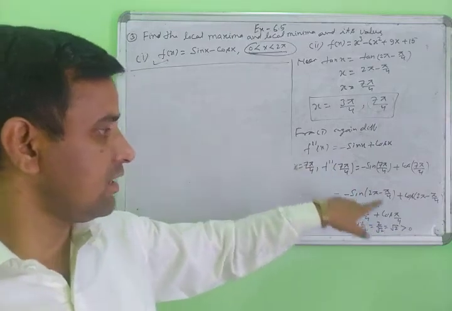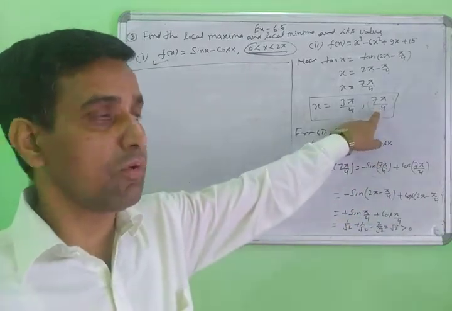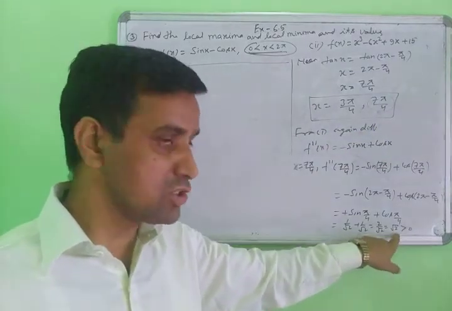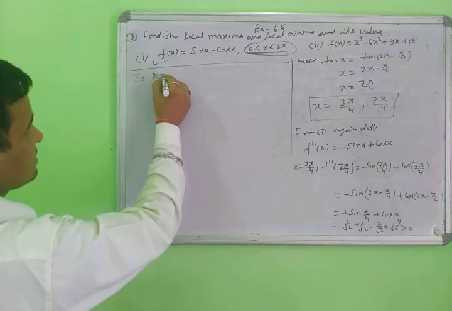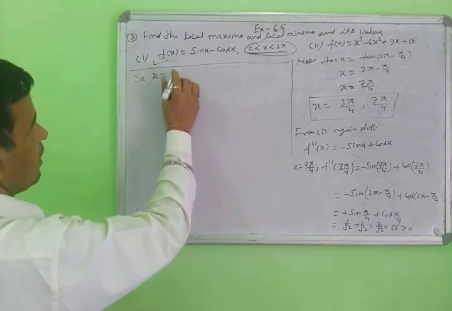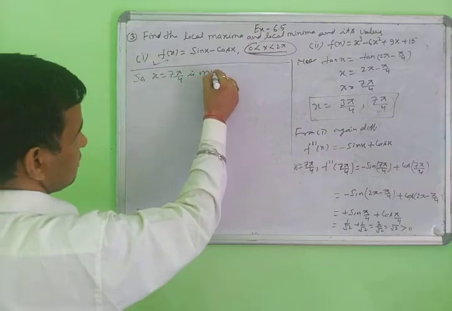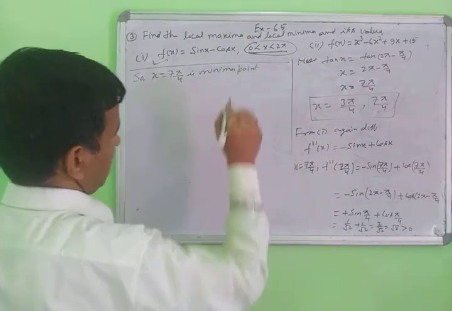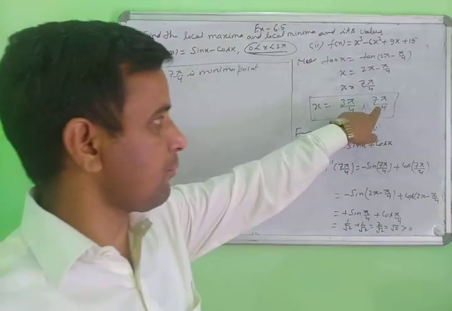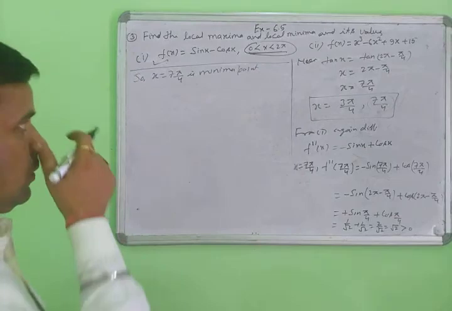Greater than 0 means this point is the minima point, because this is greater than 0. So x equals 7π/4 is the minima point. This point is the minima point, then the function attains the minimum value.